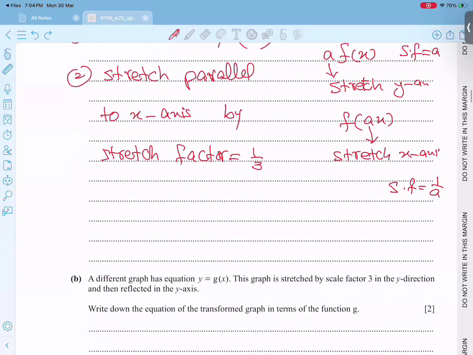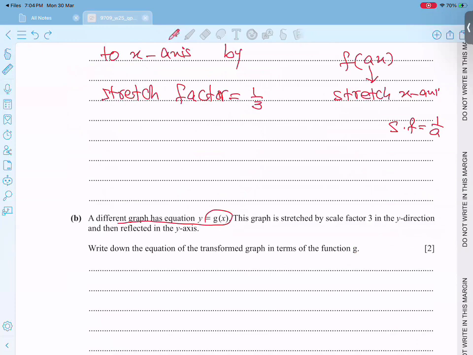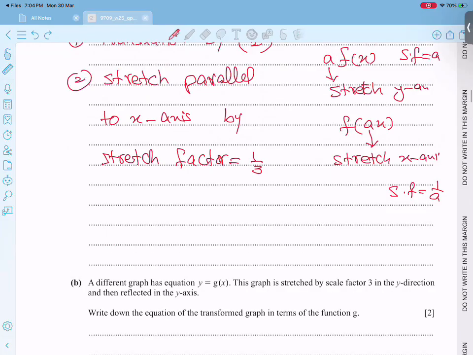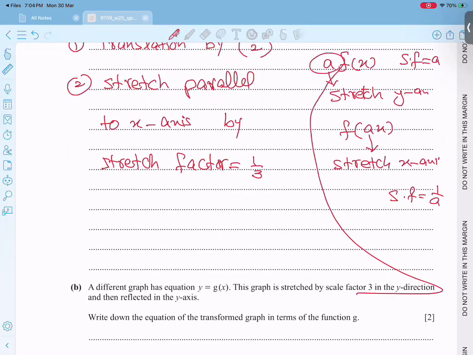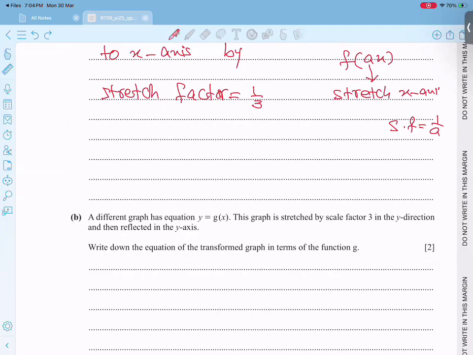Next part, a different graph. This is g, and this is a stretch first parallel to the y-axis 3 times. It means he talks about the outside, and then reflected in the y-axis. Okay, interesting part. If you multiply the whole equation with a negative, the whole equation negative, this is called reflection in the x-axis.